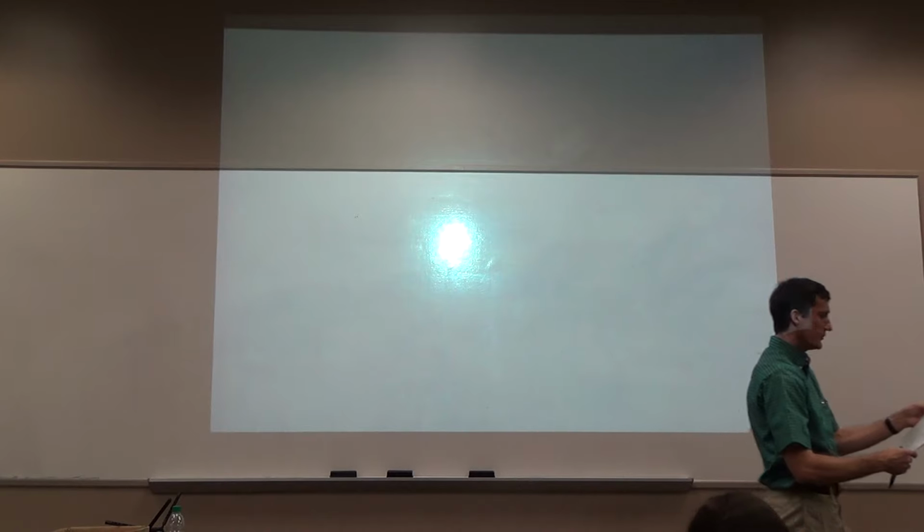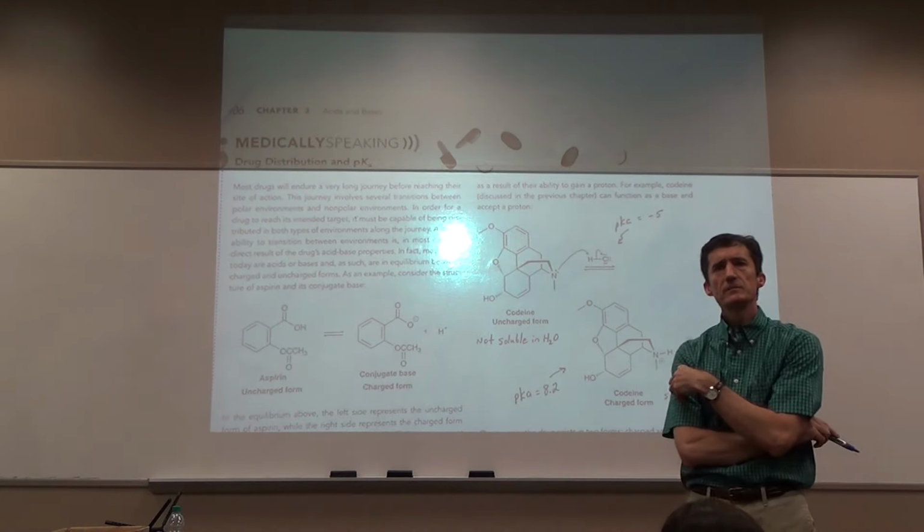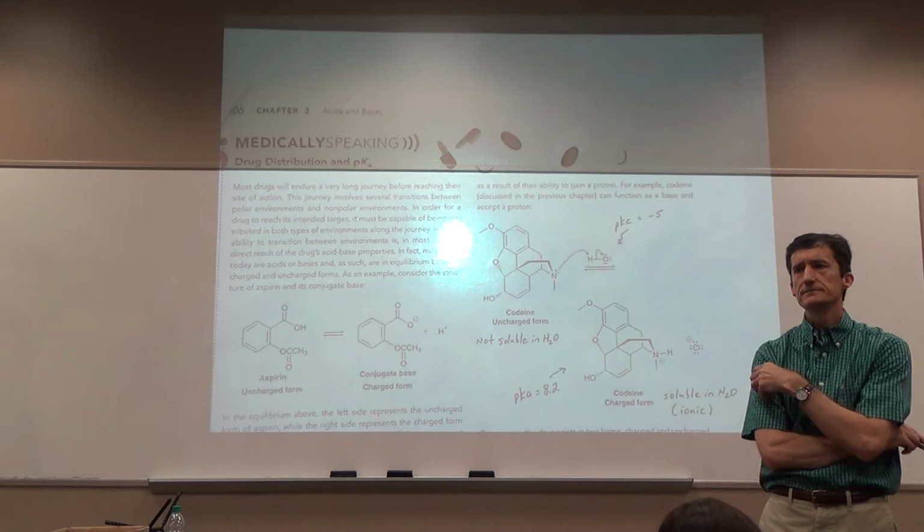Let's go back to codeine on the page over there. Codeine. Two forms are shown. How will codeine predominantly exist at blood pH, which is 7?